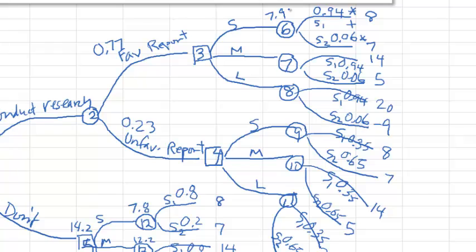We're going to put it right here. Now at node 7, same thing, 0.94 times 14 plus 0.06 times 5. That gives us 13.46.